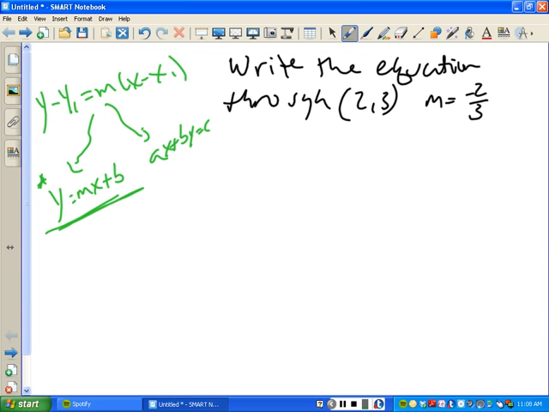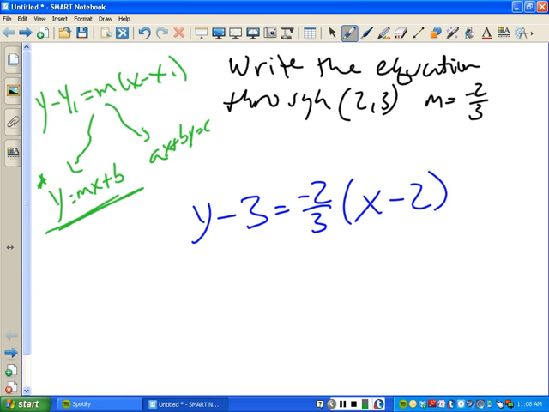All right. So, write the equation through (2, 3), slope negative 2/3. So, y minus y1 equals m(x minus x1). Okay.